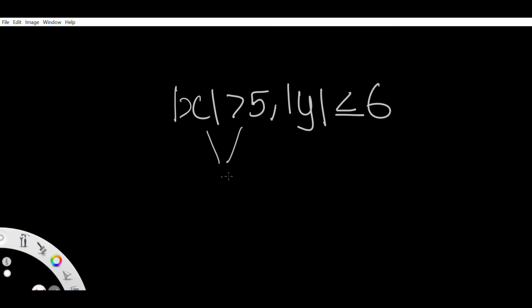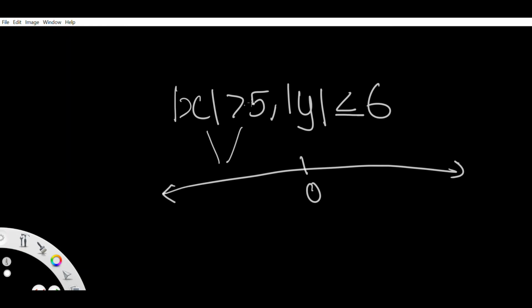Now if you visualize this problem on a number line, where this is 0, the absolute value of a number is the distance of that number from the center, which is 0. So if we would want to graph this, the first step would be making this into two different inequalities like we did with the compound one.